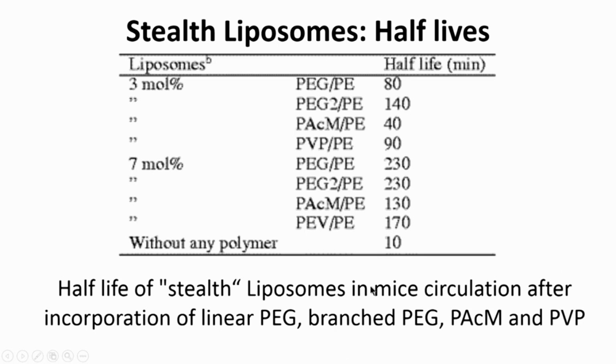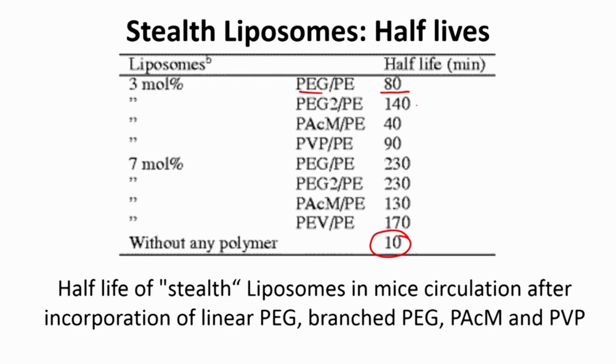So, here are some more examples. These are some of the liposomal formulations that were used. If you used 3% PEG or 7% PEG, what you find is the half life is greatly increased. Without the polymer it is only about 10 minutes, and with the polymer for that certain liposome it increased to about 80 minutes.